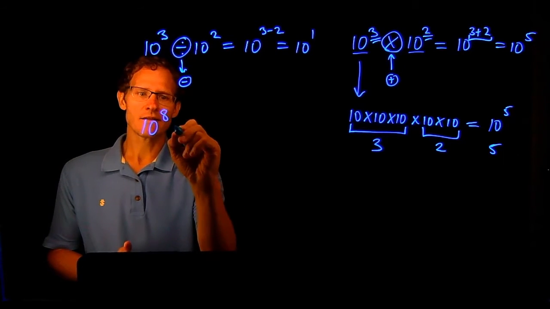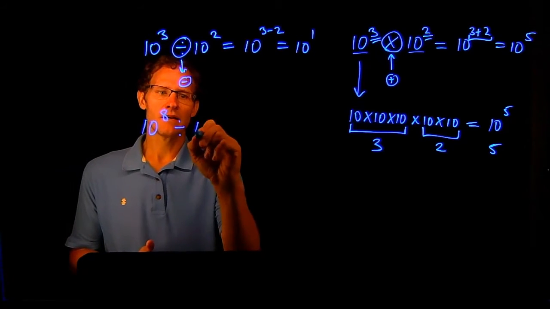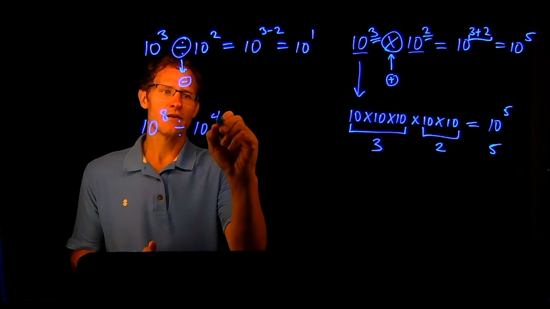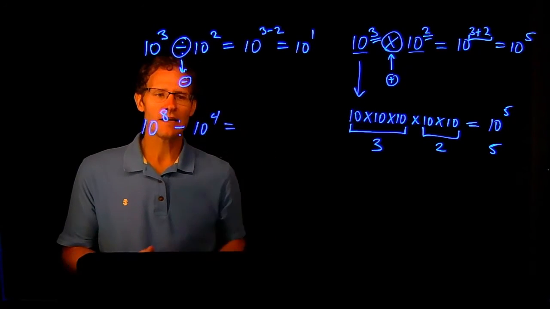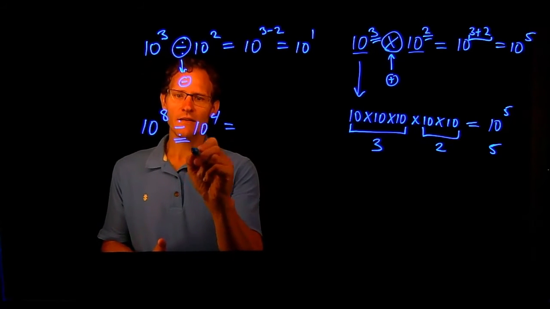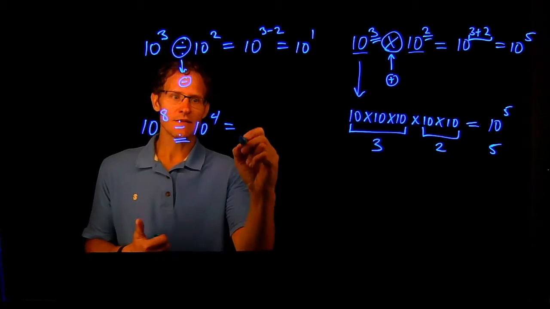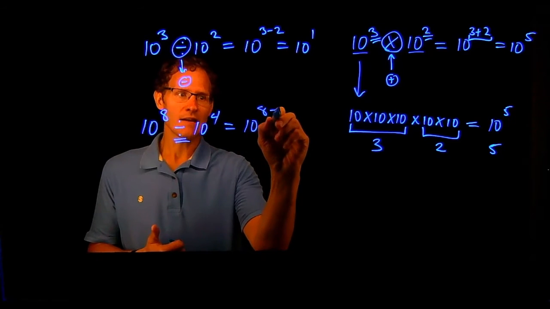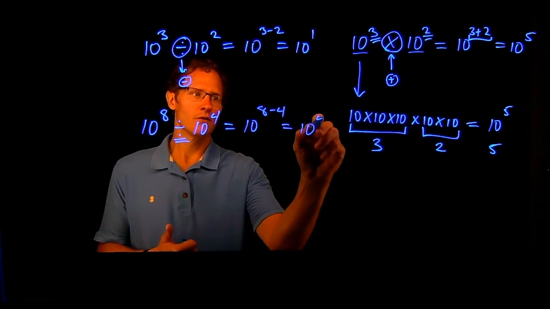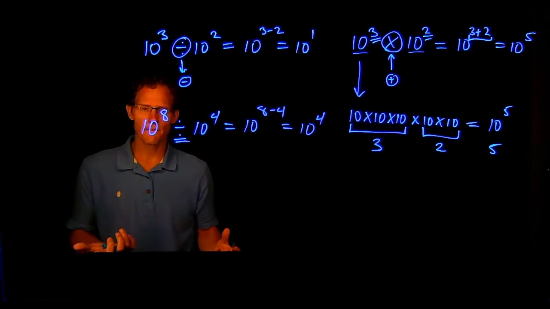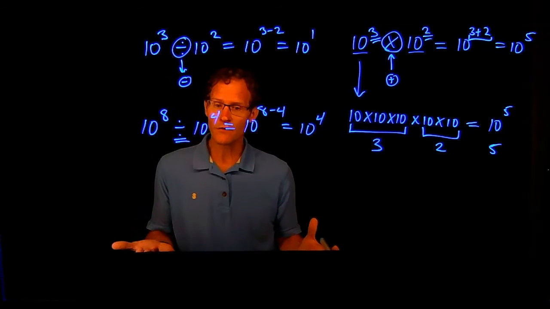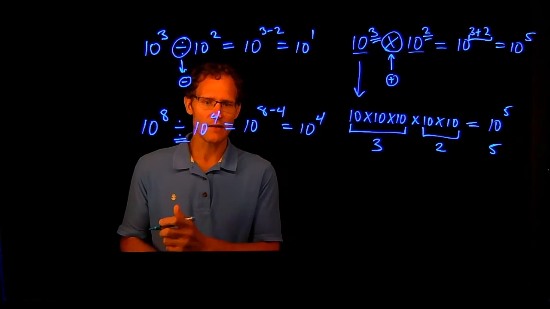Another example: 10 to the 8th divided by 10 to the 4th. In this case, it's divided, so we subtract our exponents. 10 to the 8 minus 4, or 10 to the power of 4. So pretty straightforward. It shouldn't be especially tricky.